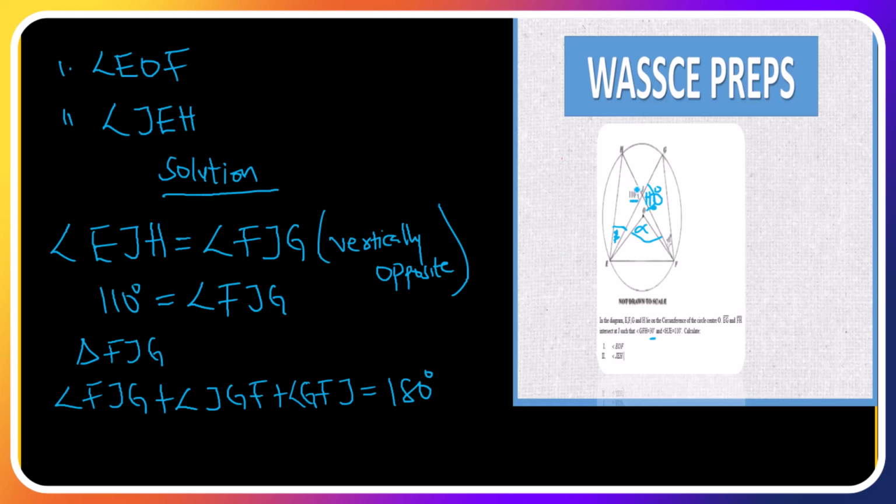Now from the diagram, we have the angle FJG to be 110 degrees, plus angle JGF, which is the angle under consideration, and angle GFJ, which was given to be 30 degrees. So let's compute this and find the angle JGF. 110 degrees plus 30 degrees sum up to 140.